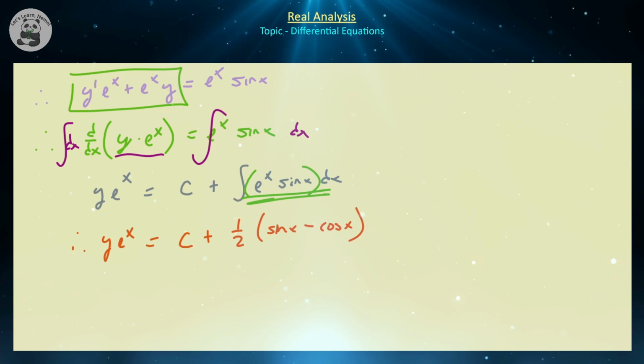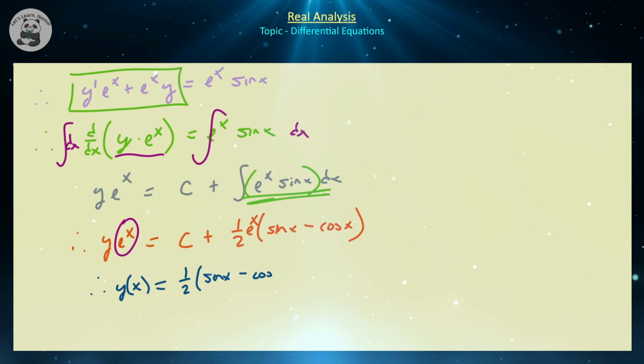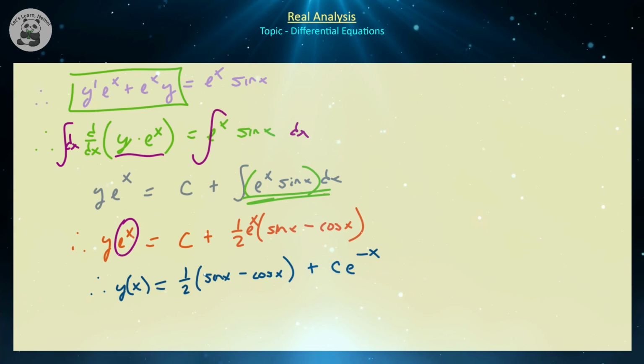Then you can multiply both sides by the inverse of e to the x, which is never equal to 0. And then you can find that the general solution to that original differential equation is equal to 1/2 of, oh, I also forgot my e to the x there. Let's not forget that. So the e to the x's will cancel there, which is actually quite nice. And then we're going to have sine of x minus cosine of x plus c times e to the minus x.